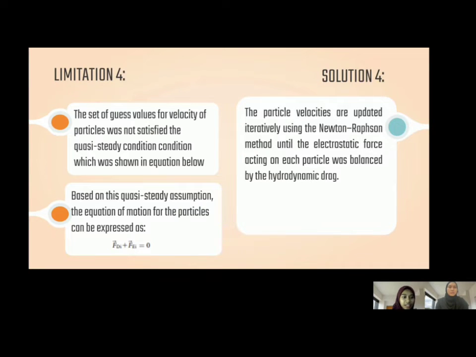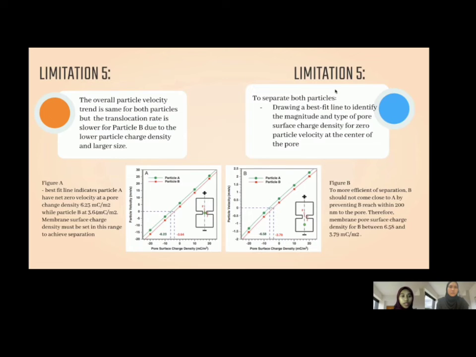So the next limitation is related to the location of the particles. To calculate this, the quasi-steady method was used. The last limitation is that the overall particle velocity trend is the same for both particles, but the translocation rate is lower for particle B due to the lower particle charge density and its larger size.